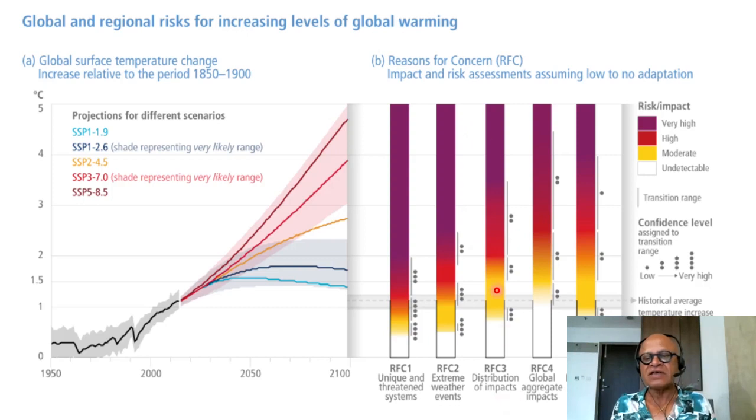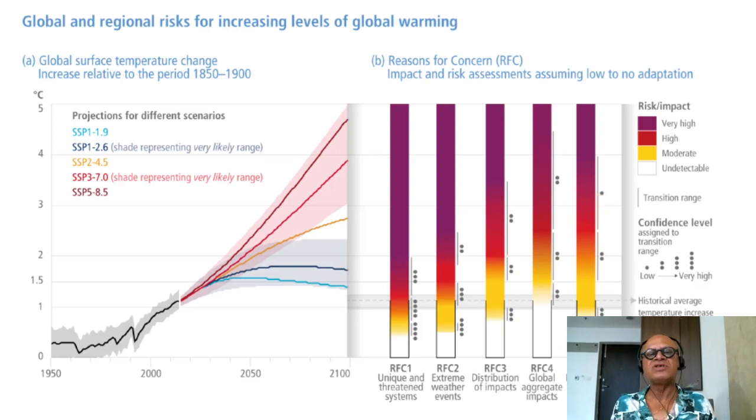Distribution of impacts again remains with low confidence, reasonably high risk up to 3 degrees C warming. This extends also to global aggregate impacts and large scale singular events, and you can see these have much lower confidence as well in assigning the transitions.